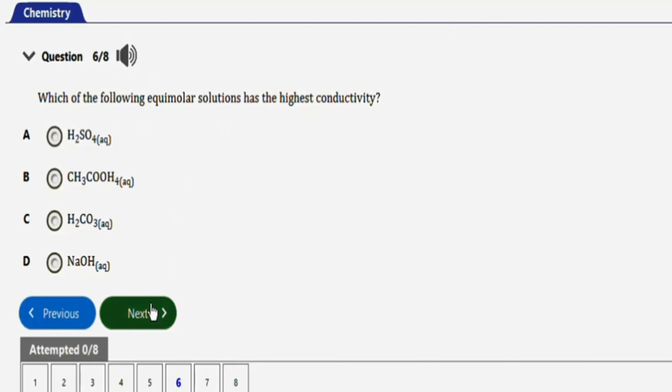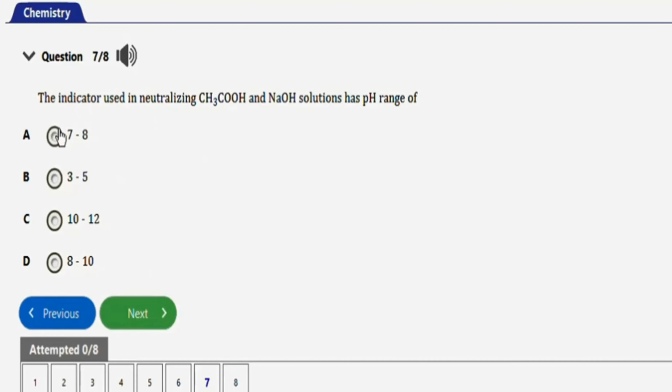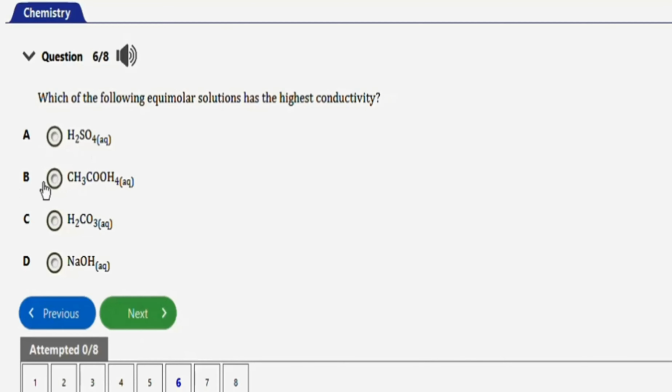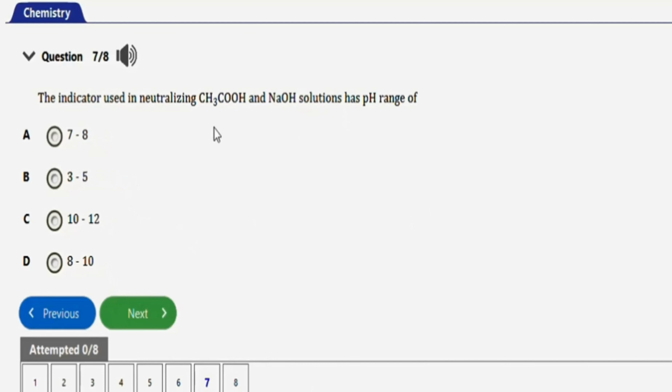The next question will be this one. It says the indicator used in neutralizing ethanoic acid. So that means this compound is not ethanoic acid, option B. We're having 4 as the number of hydrogen here at the end of this compound. So this is the right representation for ethanoic acid.